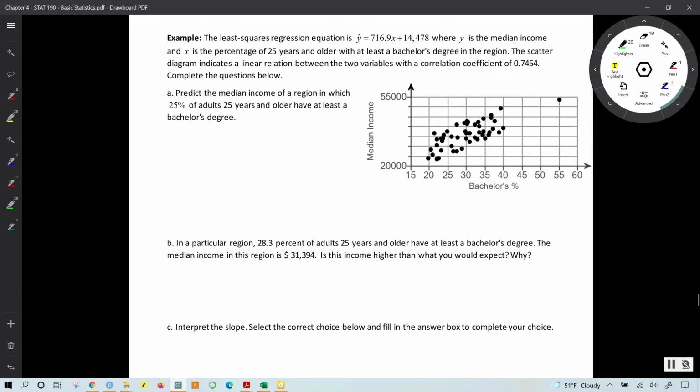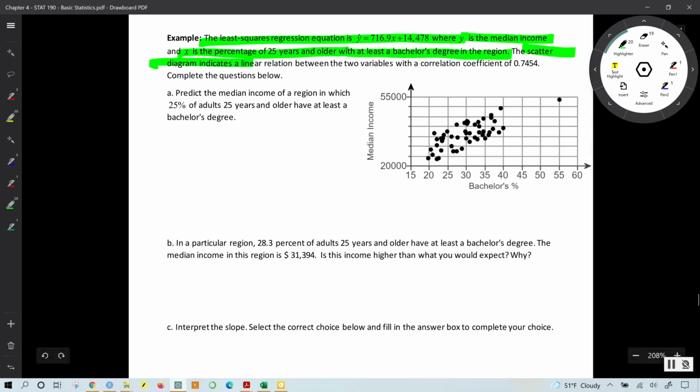In this example, we are told that the least squares regression equation is y hat equals 7.16x plus 14,478, where y is the median income and x is the percentage of adults 25 years and older with at least a bachelor's degree in the region.